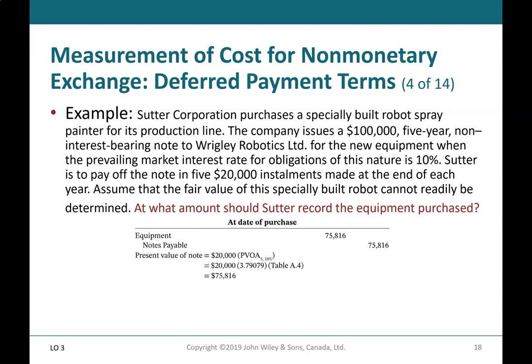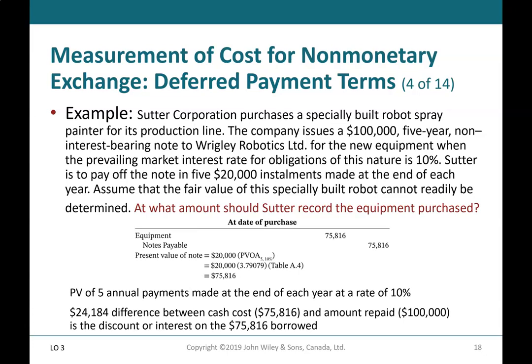Assume that the fair value of this specially built robot cannot readily be determined. At what amount should Sutter record the equipment purchased? So you would do the present value of the note, and we'd use our financial calculator instead of the table, and you would end up debiting equipment for 75,816 and crediting notes payable for 75,816.